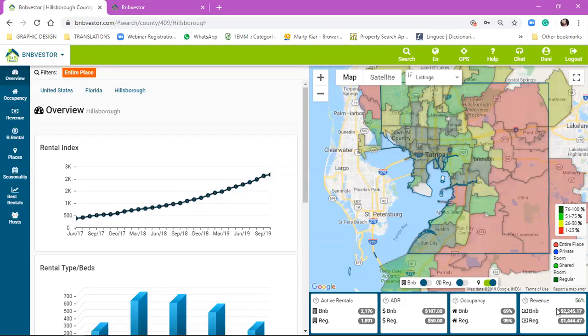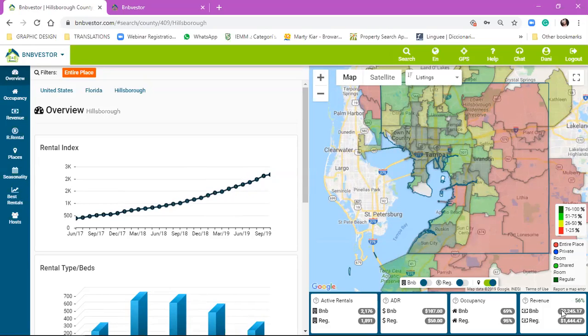And then we have revenue with the BNB listings with $2,245, and then regular rental with the revenue of 1,444, okay? And then an additional revenue of 56%.